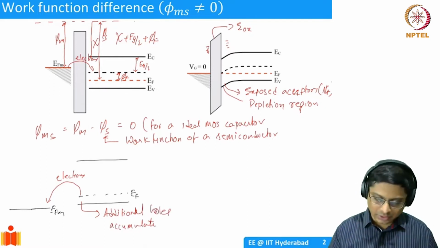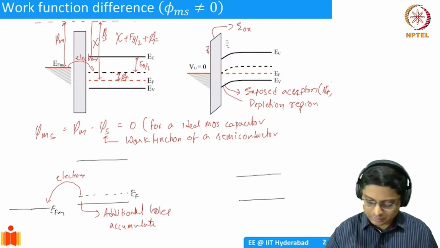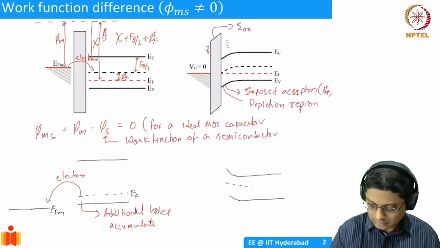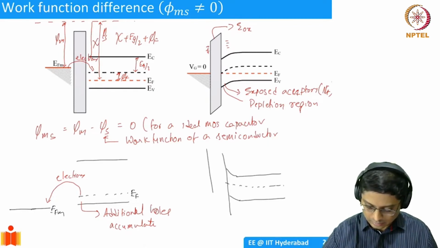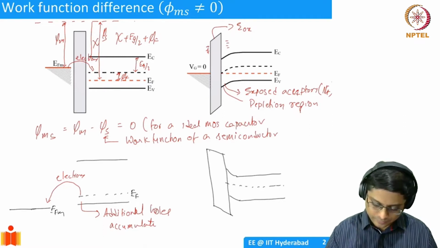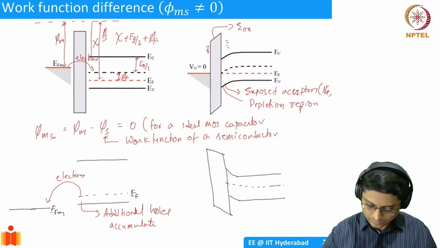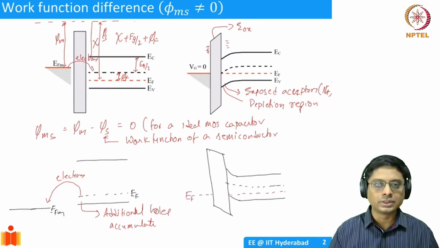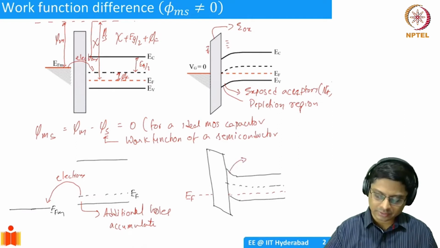So the band diagram you could draw might look something like this. EF is still uniform because there is no applied gate voltage, but the semiconductor is already accumulated here.